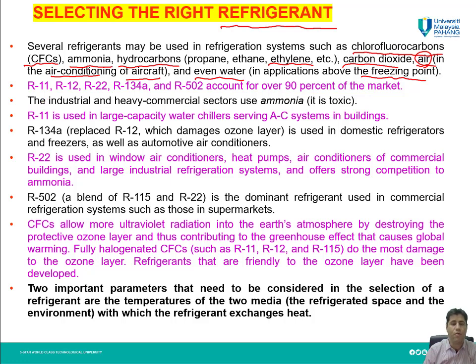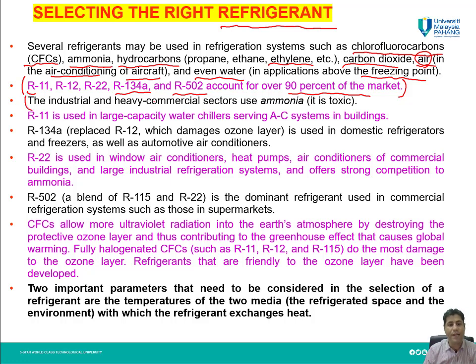The CFC gases are the most common type of refrigerant which these days we are using. We call them by R and a number: R11, R12, R22, R134A, R502. These are the most common types of refrigerant, which are in 90% of the refrigerators we have in the market.